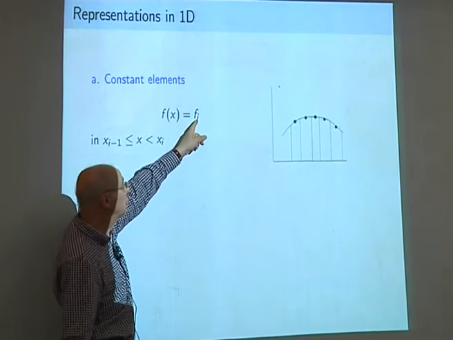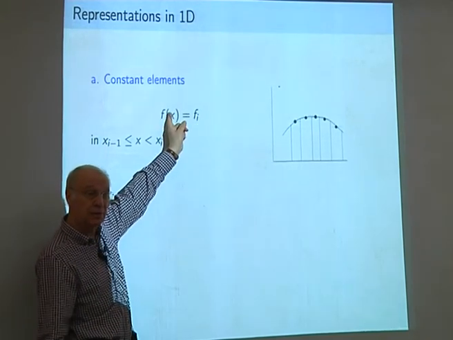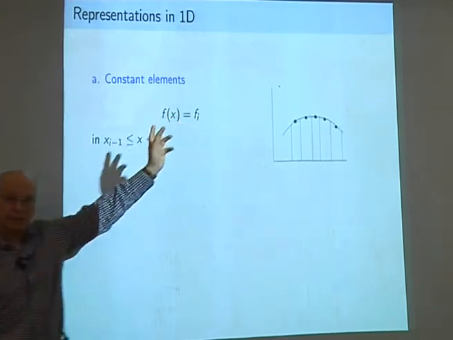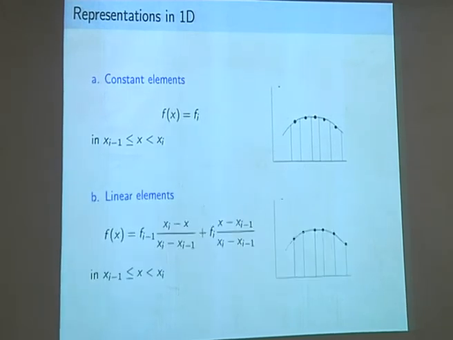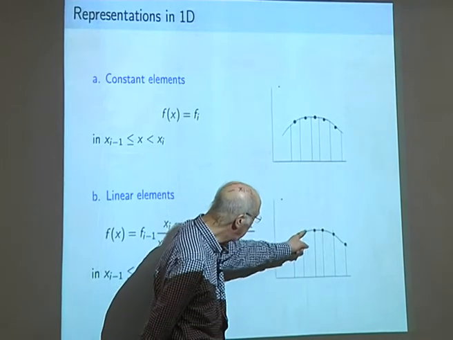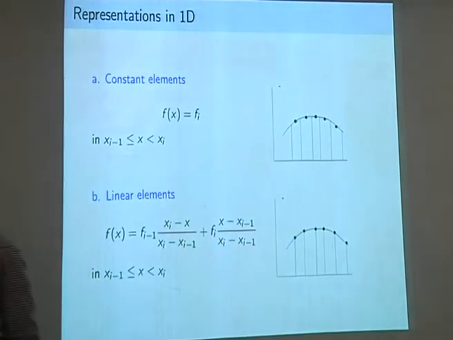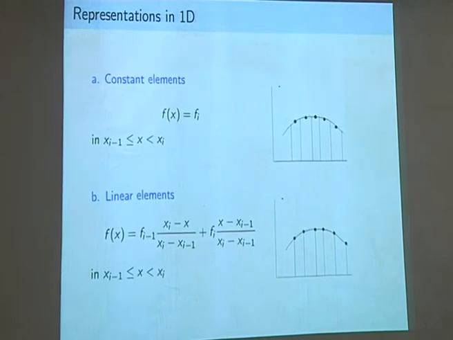You should now think not of that as a data point, but as a parameter that specifies the function. I'll say more of that in a minute. So one representation is constant elements, and then of course we could have linear elements where it's very difficult to see the difference between my linear line and my curve because they're too close together. There is a difference, not in this projection.